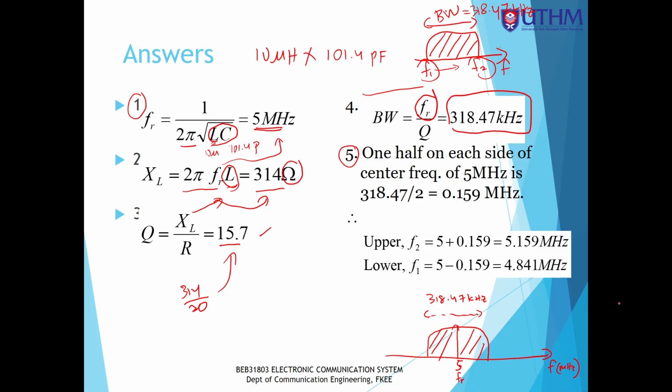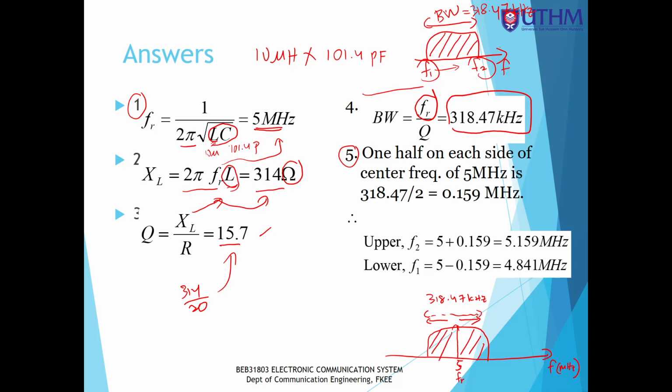So in the solution, we divide the bandwidth into 2. Okay, we divide the bandwidth into 2, so that we can get half of the distance, so that we can add or subtract from the resonant frequency.